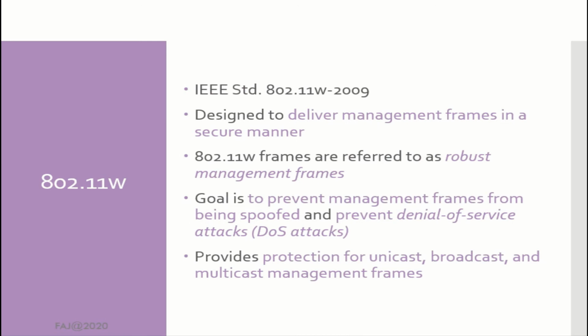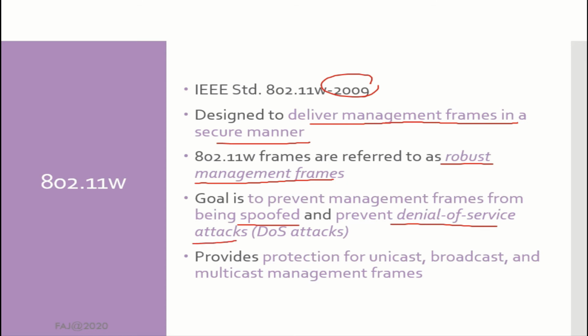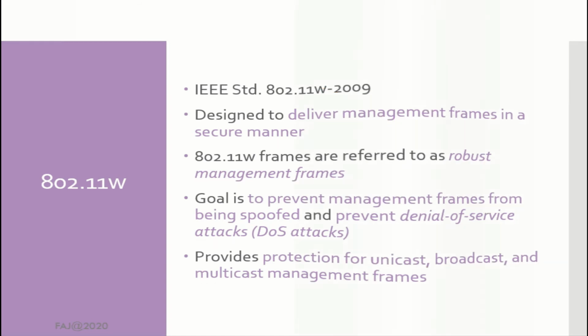Next is 802.11w 2009, designed to deliver management frames in a secure manner, where these frames are referred to as robust management frames. The goal is to prevent management frames from being spoofed and prevent denial of service attacks, and also provide protection for unicast, broadcast, and multicast management frames.